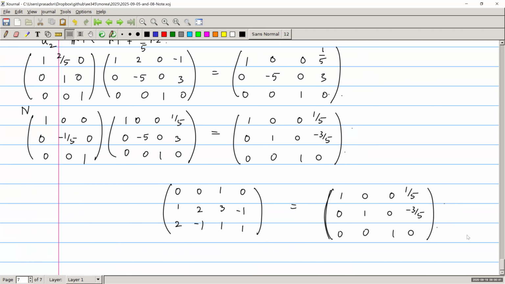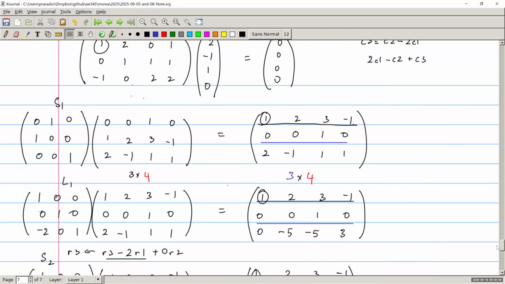Okay, we did a sequence of operations starting from this matrix, ending up with this matrix. Okay, I want to write this entire sequence as one equation. Right, so we did, I'm going to write this on the board so you can see.